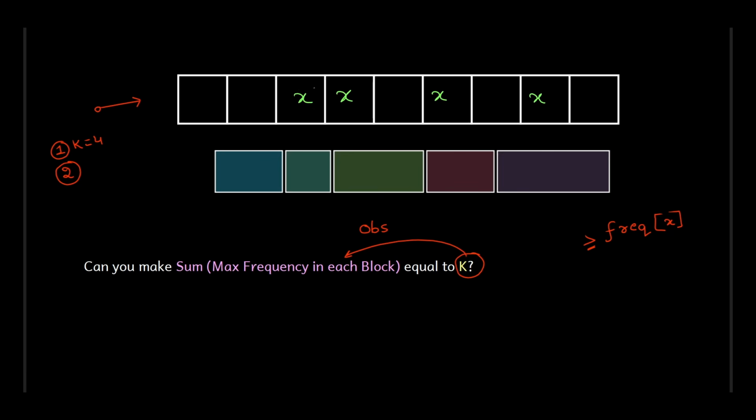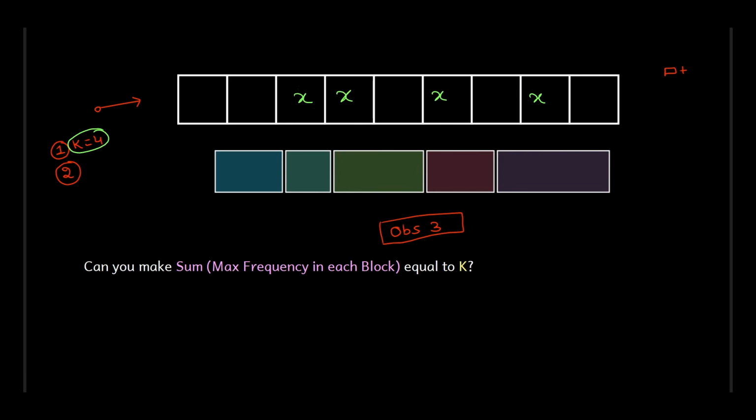So even if you keep them in the same box, they will combine their power, but even if you isolate them in different boxes, their contribution will still be combined, because you are using this sum function over here. So now let's talk about observation 3. In observation 3, we are saying that K equal to 4 is definitely possible.